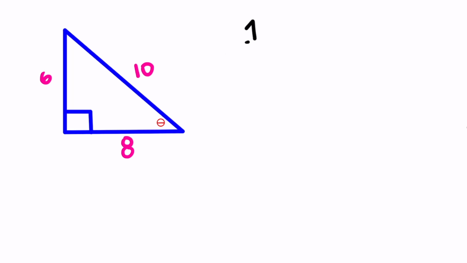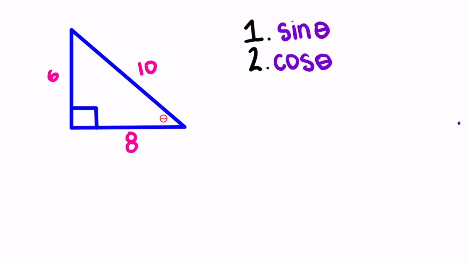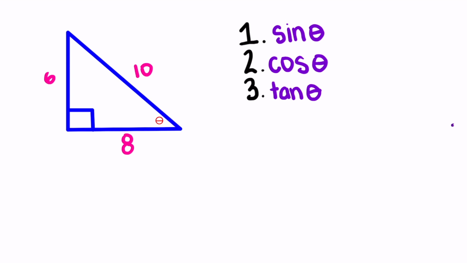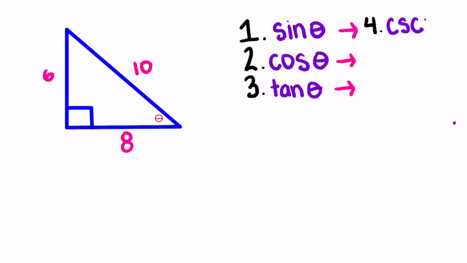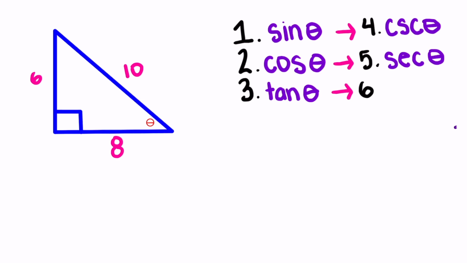So our first trig function of theta that we are going to be solving for is sine of theta, and then we'll have cosine of theta, and then third we'll have tangent of theta, and then we'll focus on the inverse functions. The inverse of sine we know is cosecant, and for cosine, the opposite is secant, and for tangent, the opposite is cotangent.